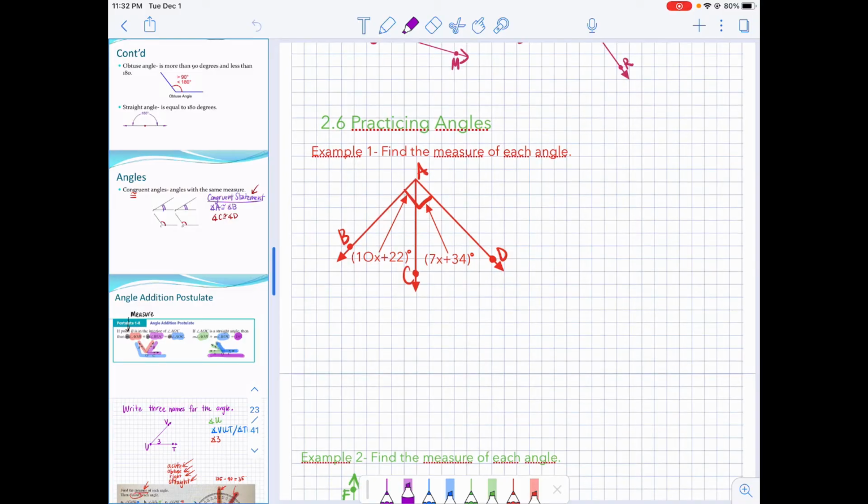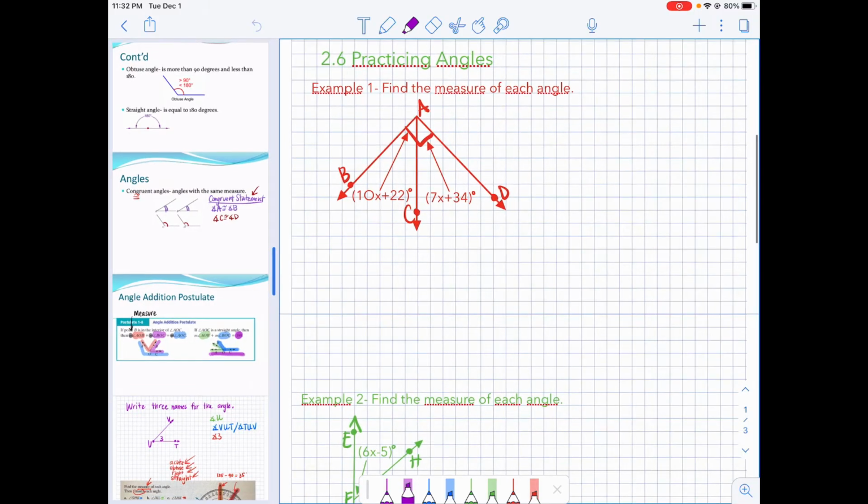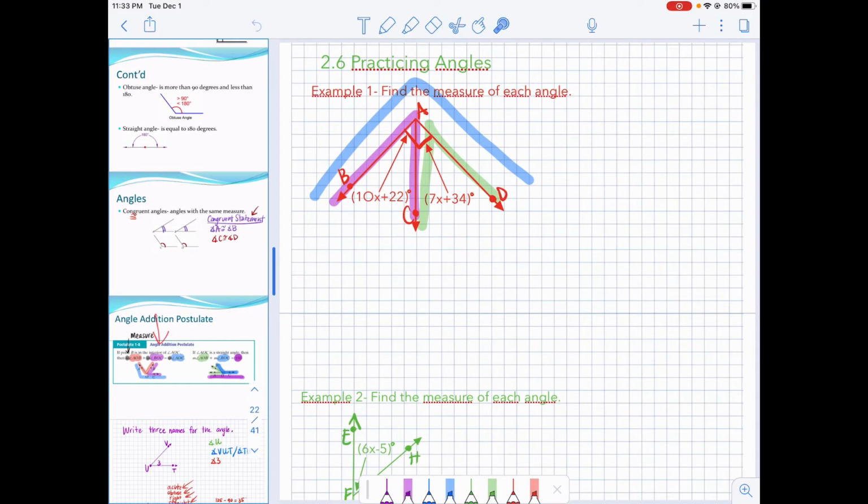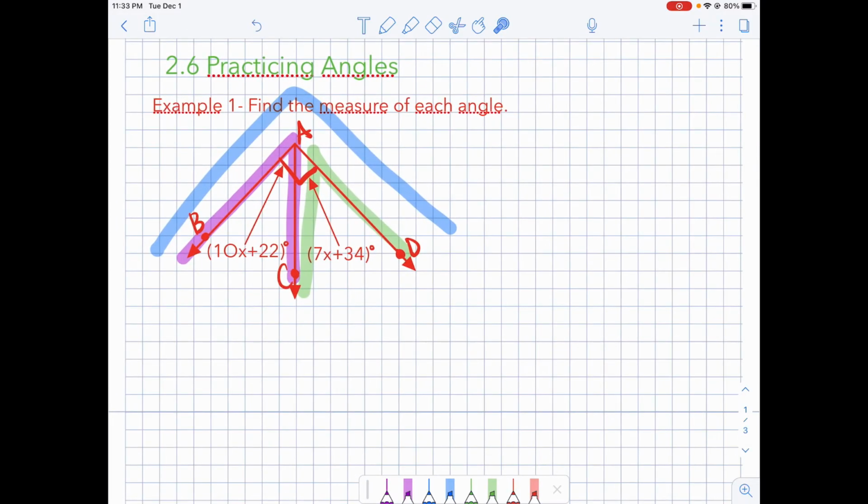We're going to highlight our angles, each in a different color. I'll highlight first this angle, then the angle adjacent to it, and finally the large angle. That will get us prepared to talk about the angle addition postulate, so let's jump in and start there.